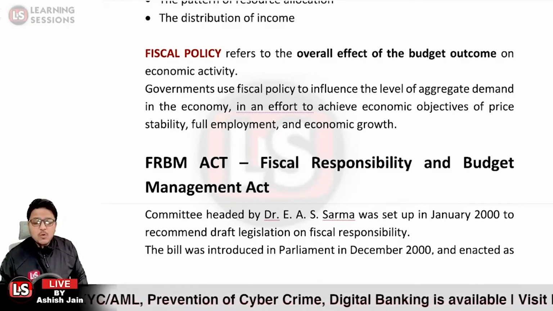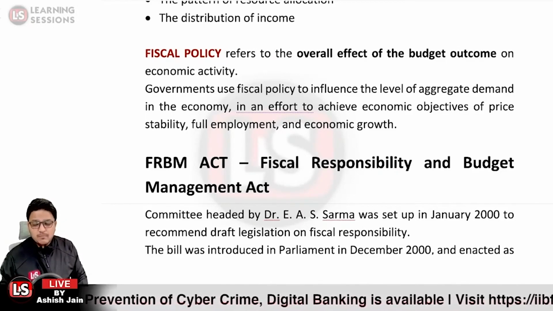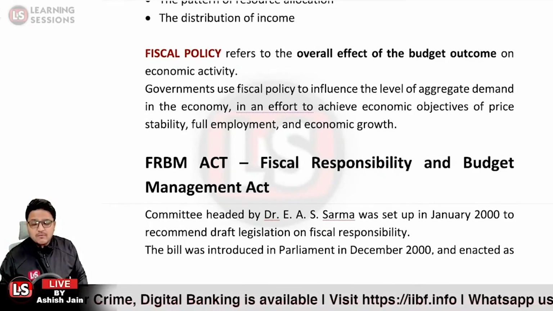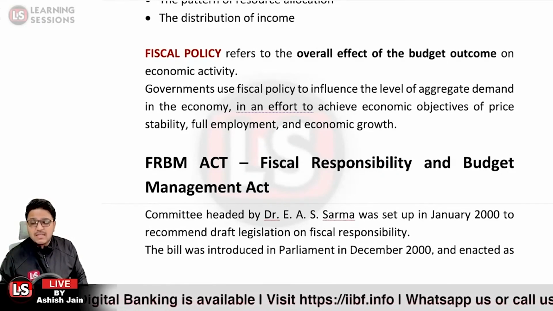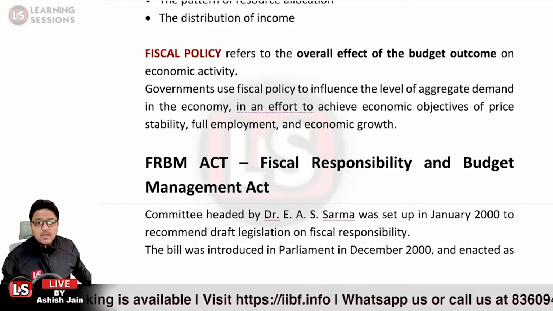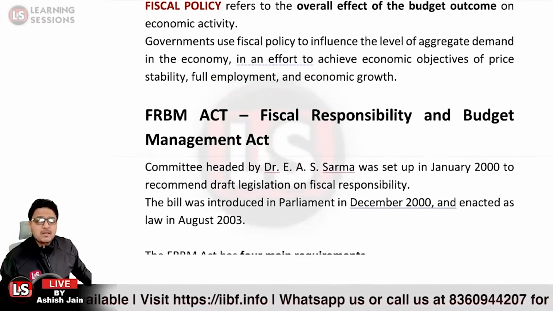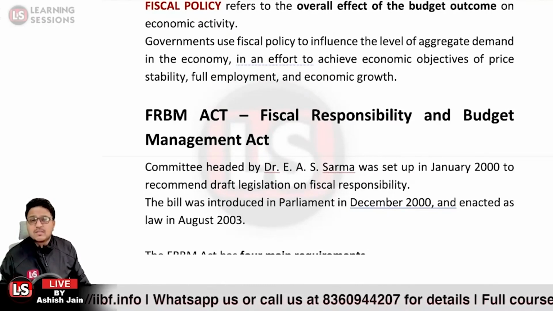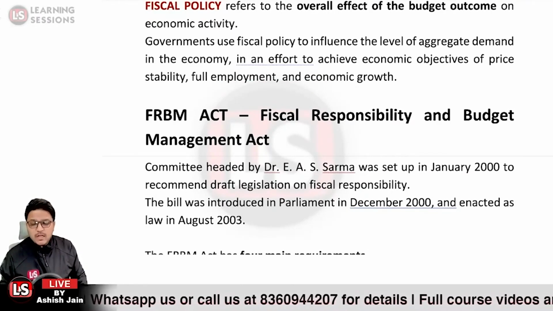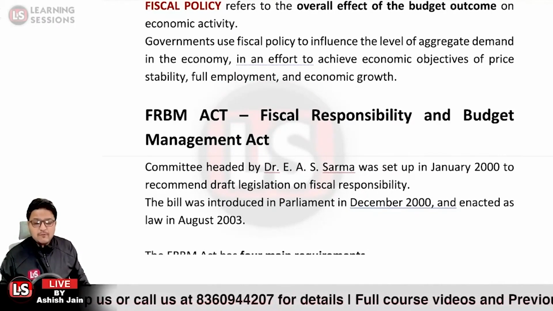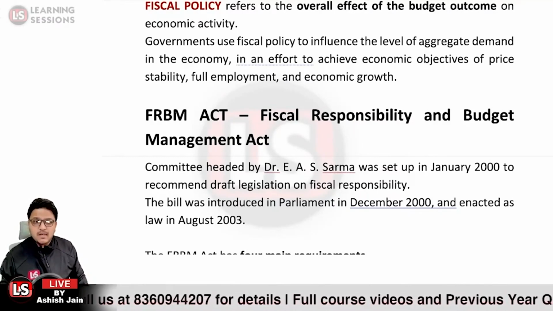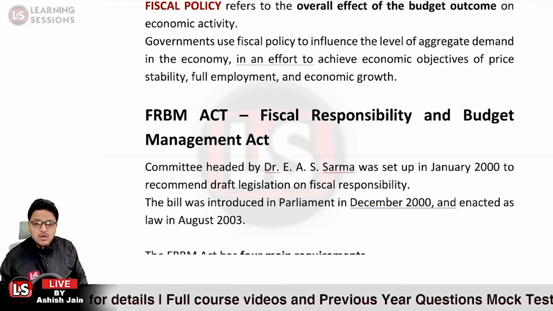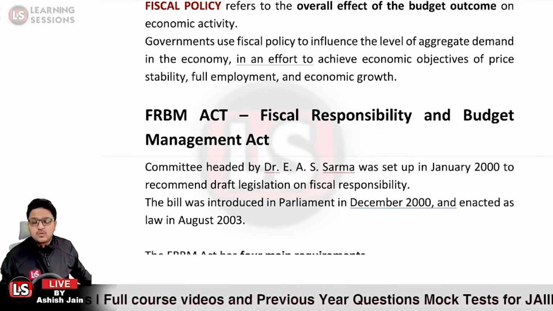The bill was introduced in Parliament in December 2000 and further enacted as law in August 2003.